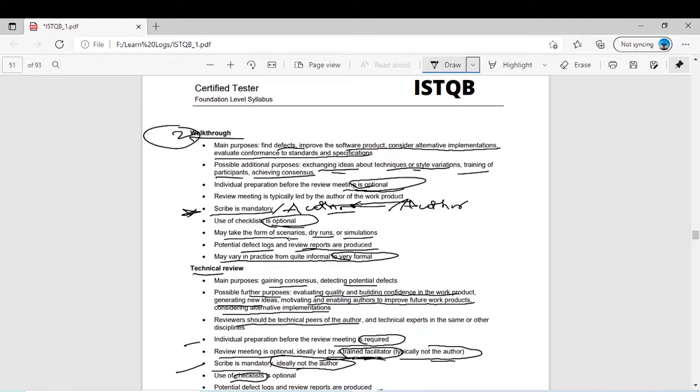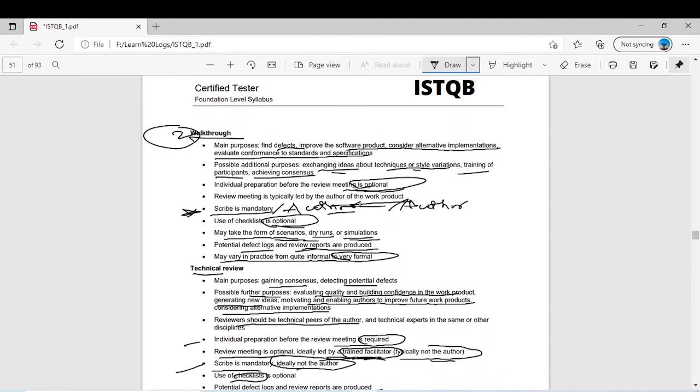Again, use of a checklist is optional, and then the author explains to the reviewers. As I told you, individual preparation is optional here. They are not well prepared, or sometimes maybe they are not field related people. So the author presents to them some scenarios, dry run and simulation.